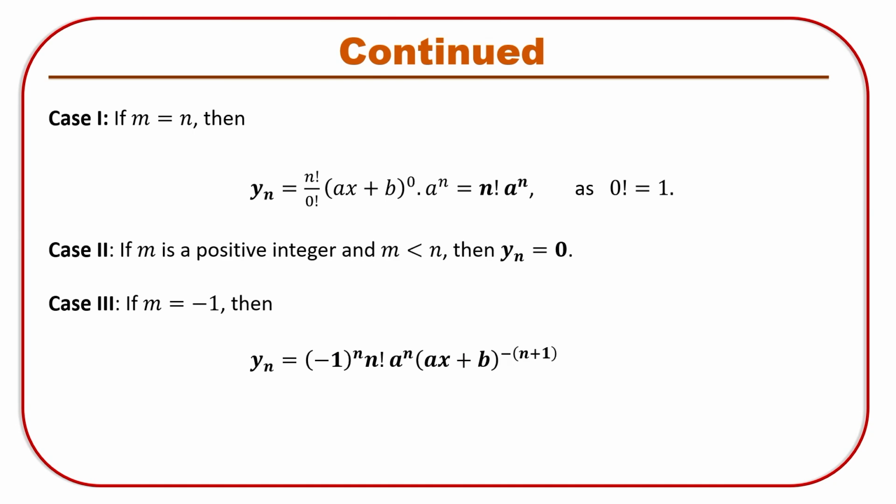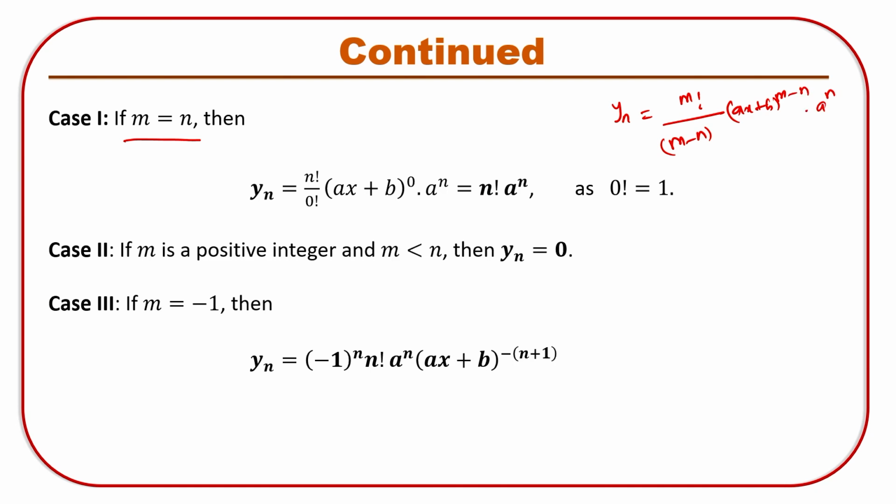So there are three cases that arise. The first case is if m equal to n. If m equals n, what will be the value? We found yn is equal to factorial m divided by factorial (m minus n) into (ax plus b) power m minus n into a power n.